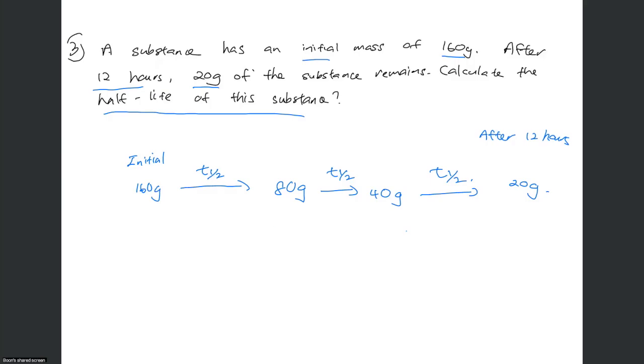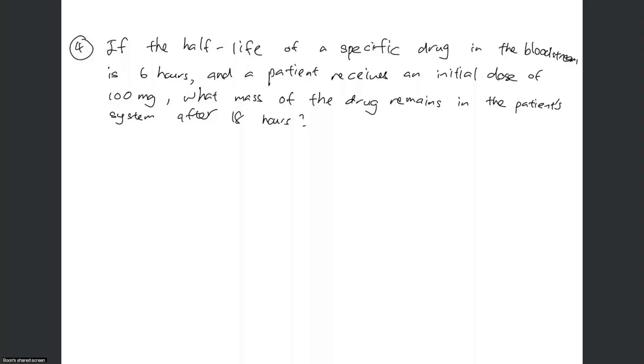So basically, 3 half-lives equal a total of 12 hours. So one half-life is 4 hours. Okay? All right.